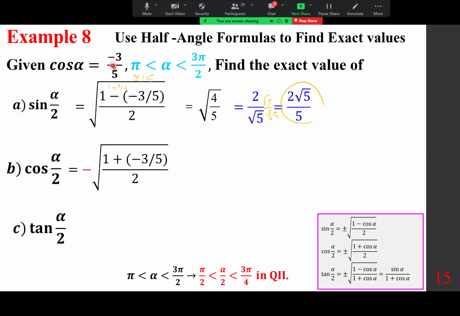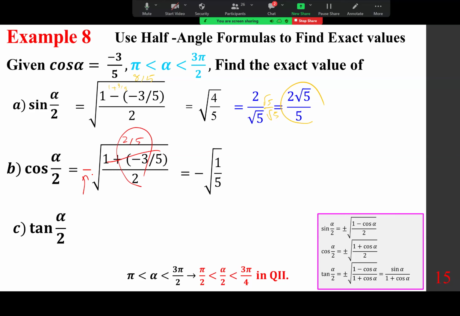So what happens? 1 minus 3 over 5 is 2 over 5 divided by 2 is 1 over 5.